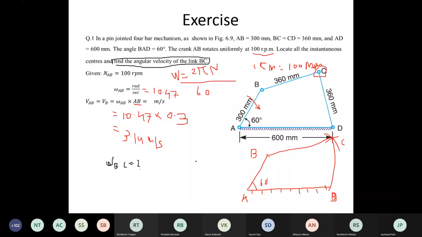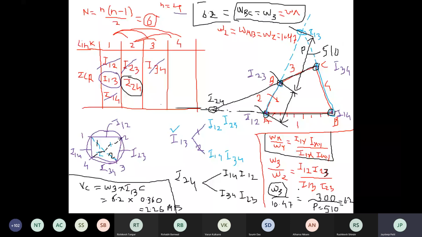सर आंसर क्या आ रहा है? आंसर आ रहा है आपका 6 point 132 आ रहा है. 1 minute. I will tell you the correct answer. .28 is the correct answer.